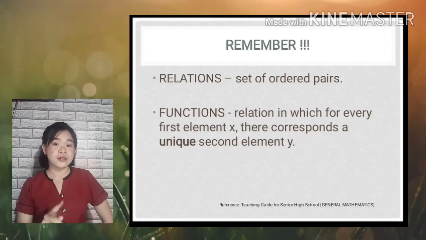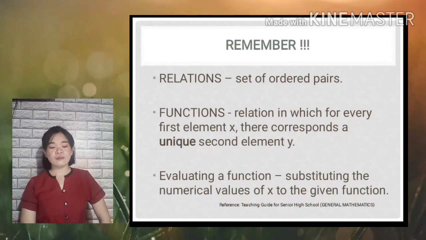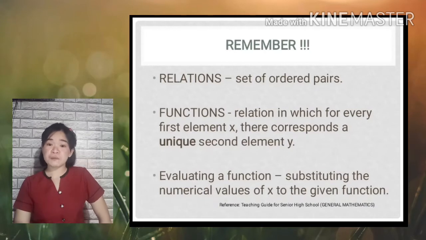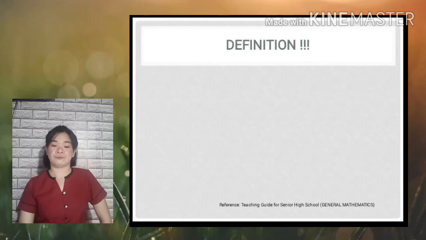We can only use the x once, but the y can be used twice. Okay? So, evaluating a function, we only have to replace or substitute the numerical values of x to the given function and then solve or perform the operations that follow.